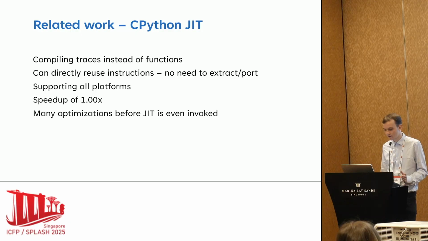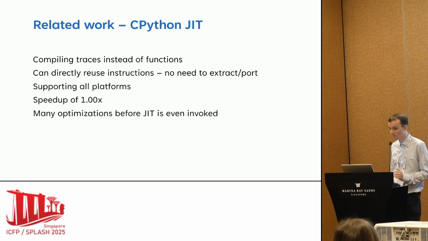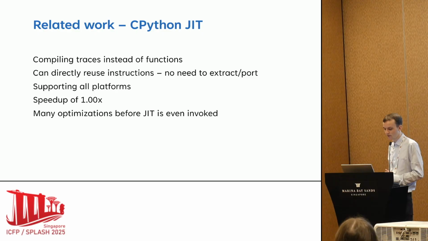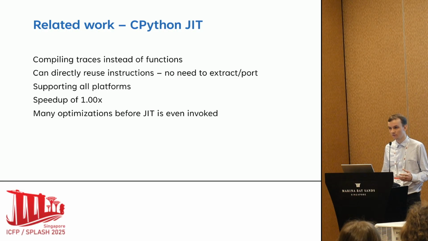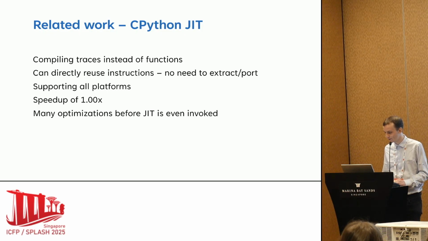The reason for this is that the bytecode interpreter in CPython is already very optimal, and many optimizations are already performed before the JIT is even invoked, which is not the case for R, which didn't receive as much love from contributions.